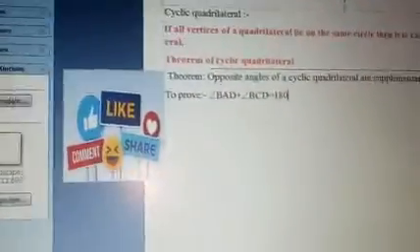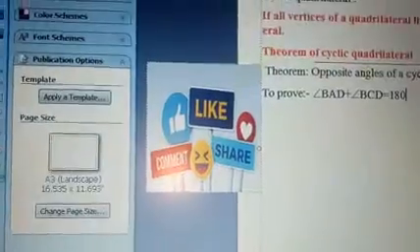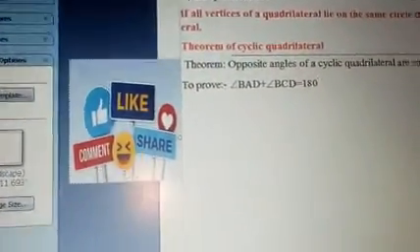So we have to prove: angle BAD plus angle BCD is equal to 180 degrees.